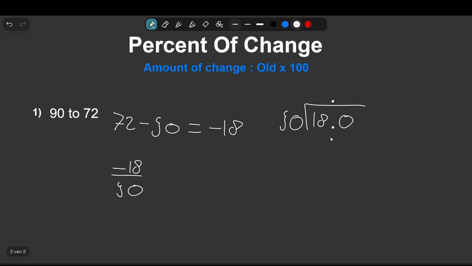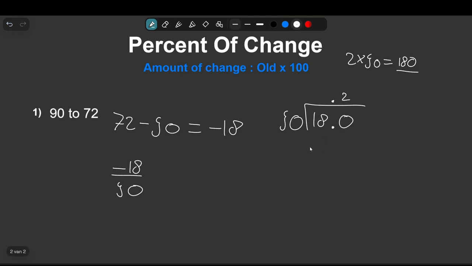So now we can say how many times does 90 fit into 180? Well, exactly 2 times, because 2 times 90 equals 180. So now we have to multiply 2 times 90. And again, this will be 180.